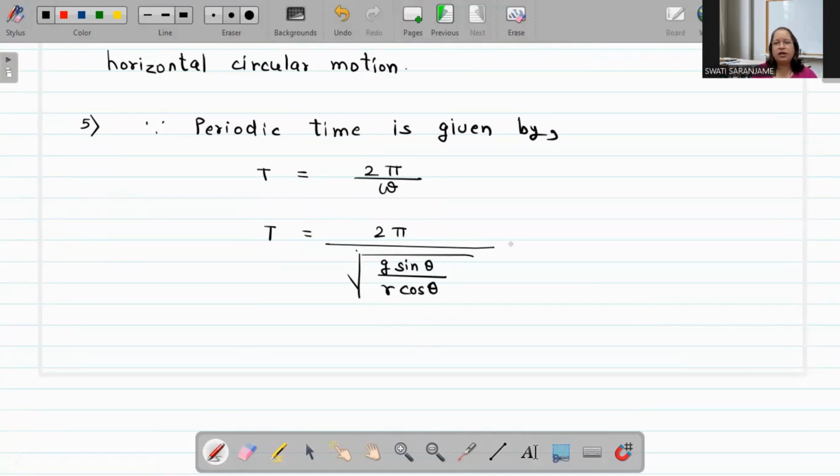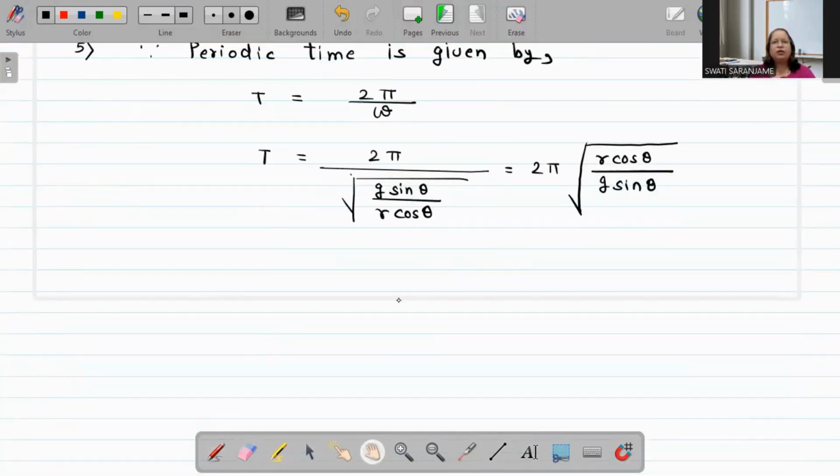If we rearrange this, it can simply be written as 2 pi times under root r cos theta by g sine theta.